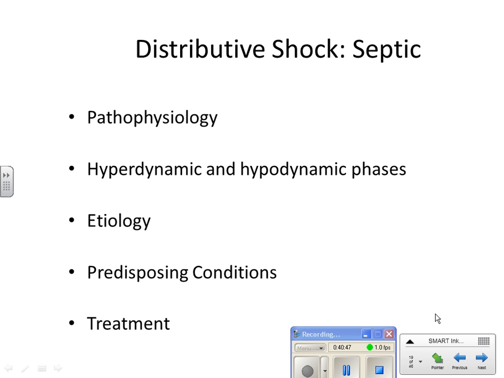And the pathophysiology of septic shock is exactly what we talked about when we talked about ARDS, a systemic inflammatory response syndrome, SIRS. And what's happening when we talked about ARDS, remember we talked about a capillary leak, fluid leak into the alveoli, right? Well, SIRS also causes a systemic problem with capillary leak.